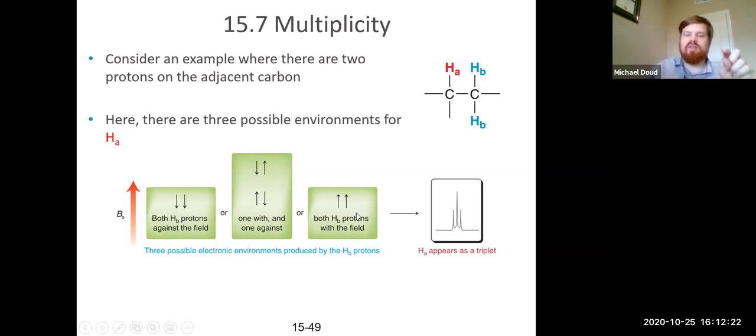Both of them with the field, that's another environment. And then there are 2 possibilities with one against and one with. Because there are two ways for one to be aligned with and one against, that's a more likely scenario than both against or both with. So we see that this central peak is bigger. It represents the more likely case, where HA is in the environment where one HB is with and one HB is against.